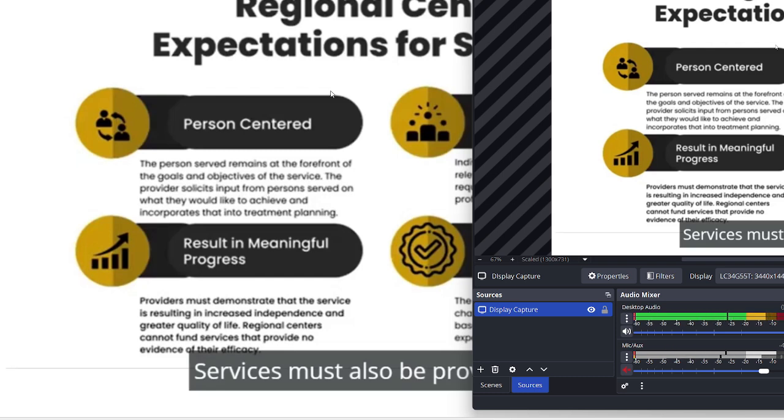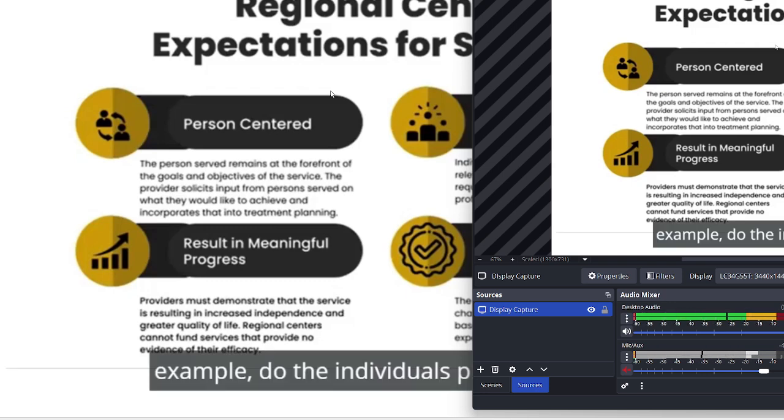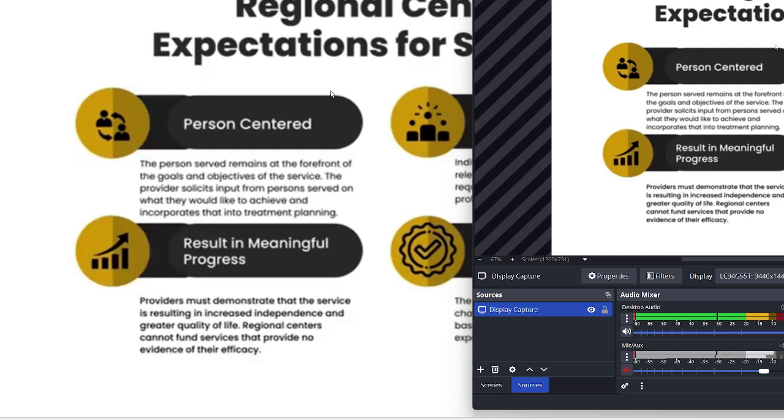Services must also be provided by individuals qualified to provide the service. For example, do the individuals providing the service have the relevant experience, education, and training required for that position? This also extends to professional third-party consultants.